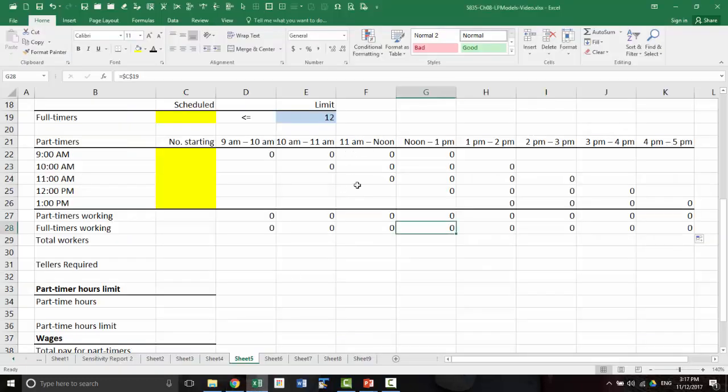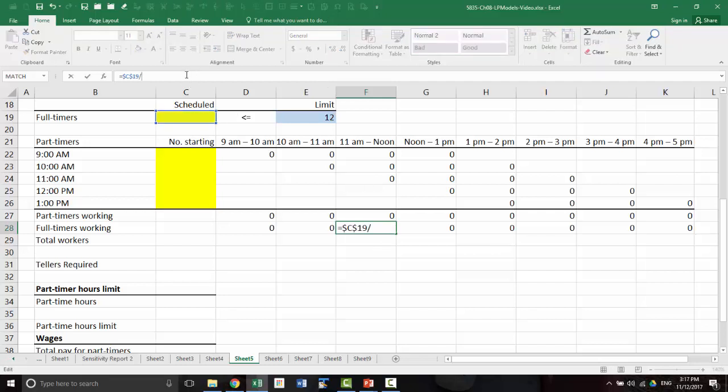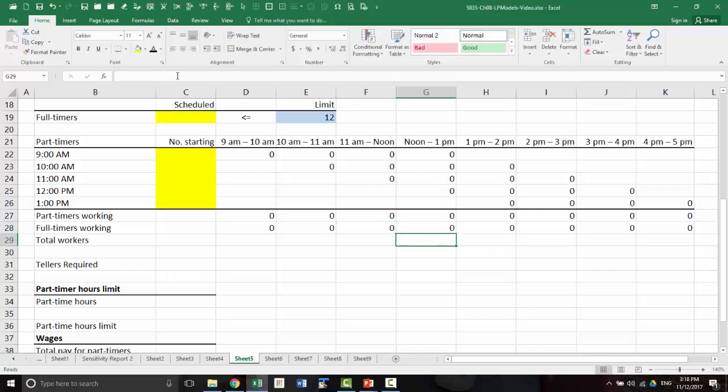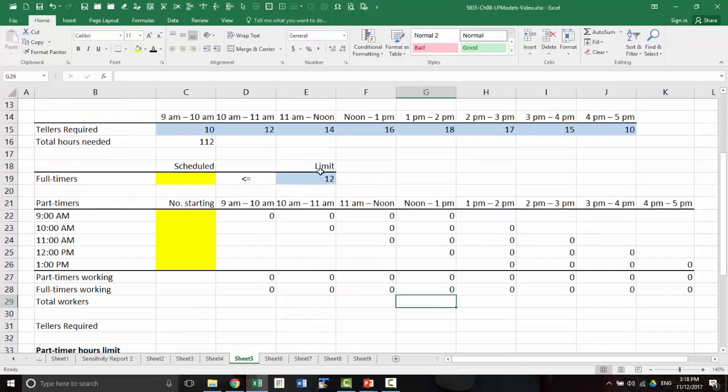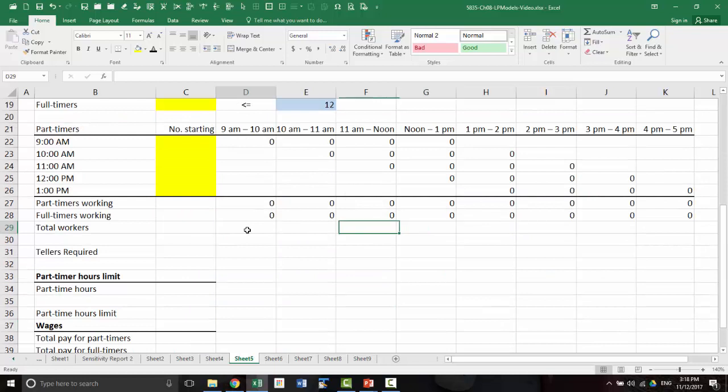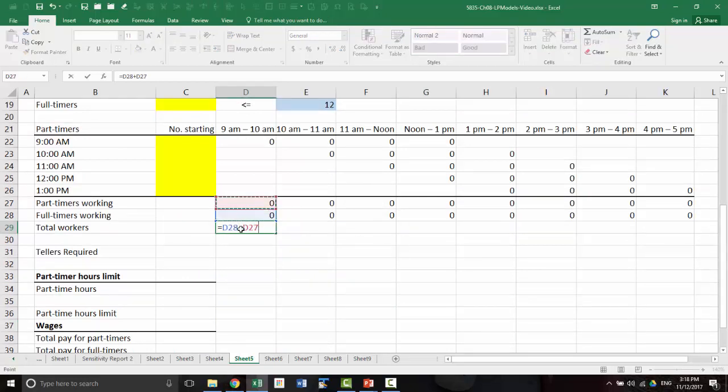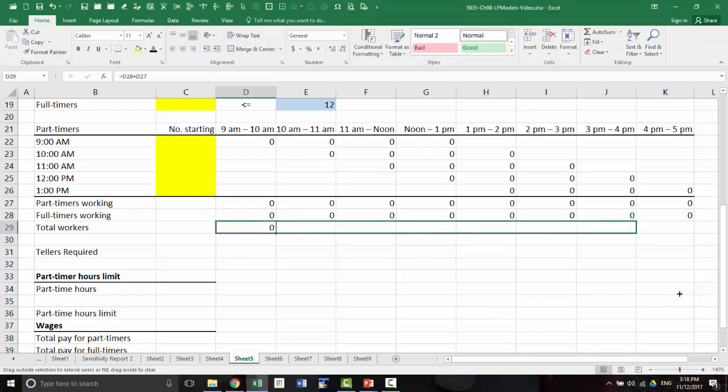That means at 11 a.m., there is going to be only half of them present. Half of them are off to lunch. So make that into half, and again this into half. Now if you sum these two, that will give us the total tellers that will be available for each of the time slots.